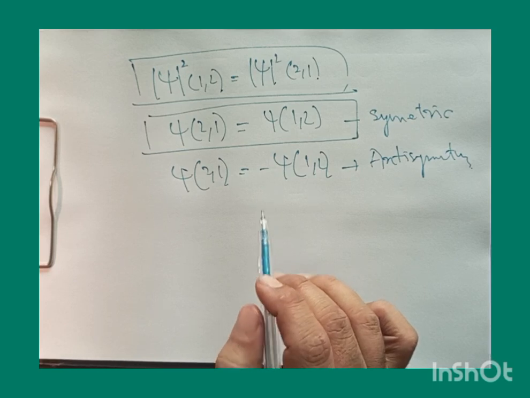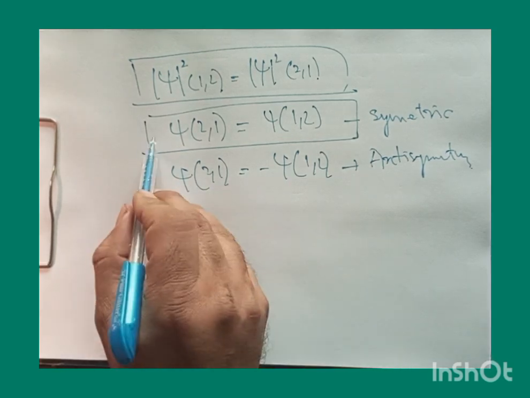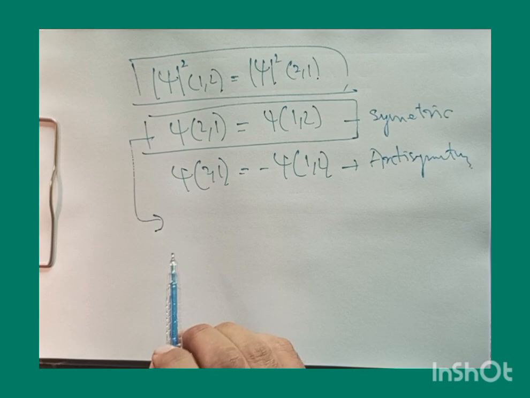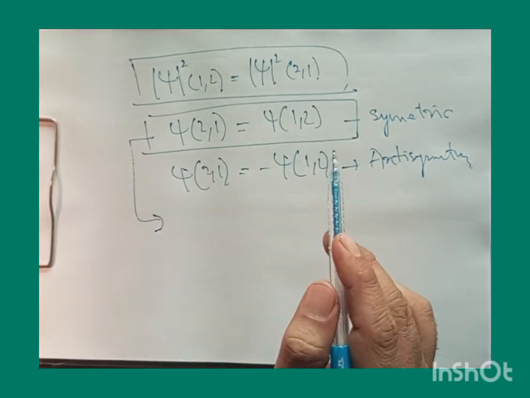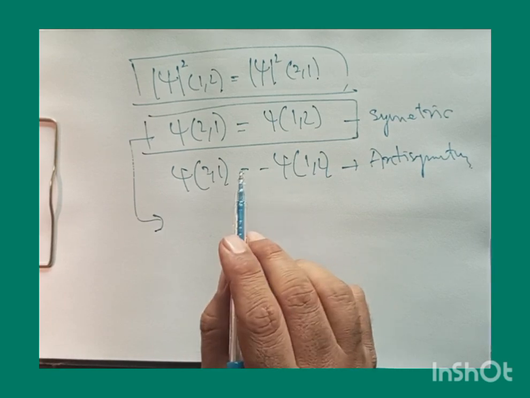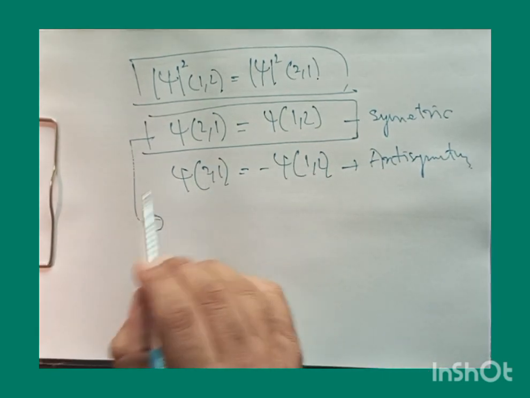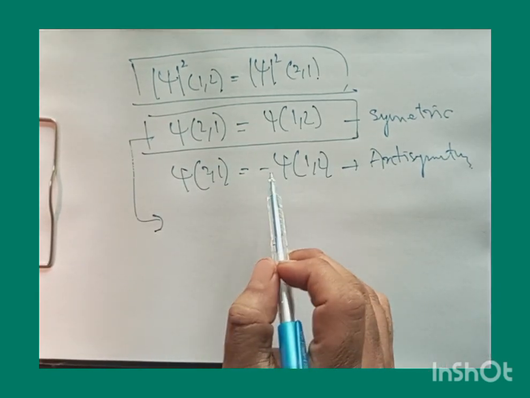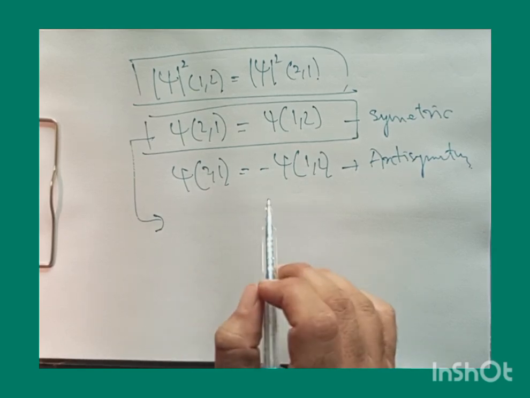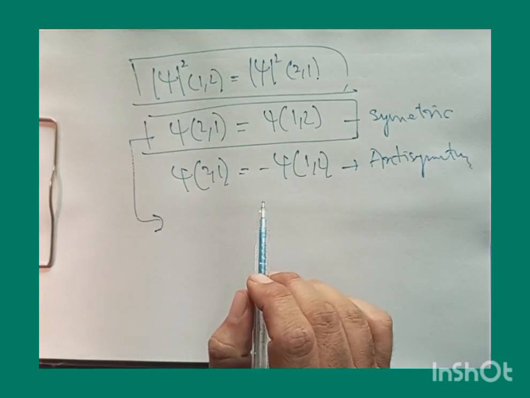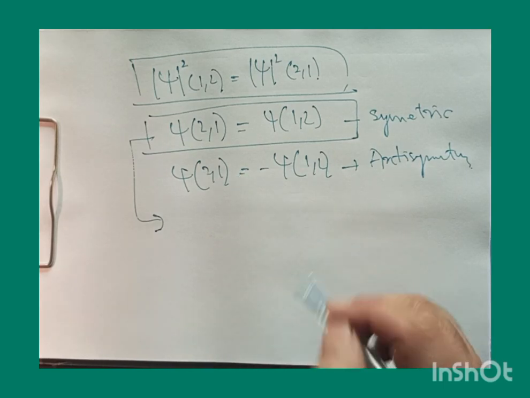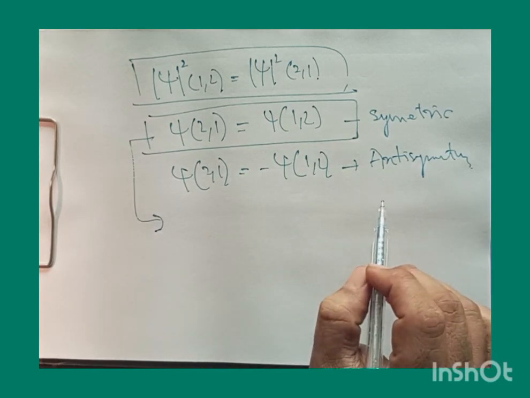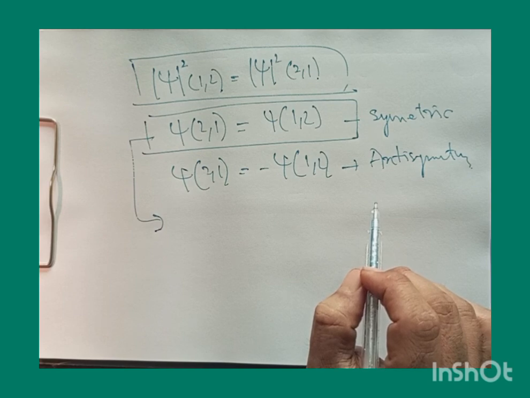The wave functions that are unaffected by the exchange of the particles, we call symmetric. And the wave functions whose sign reverses by the exchange of the particles, we call antisymmetric wave functions.